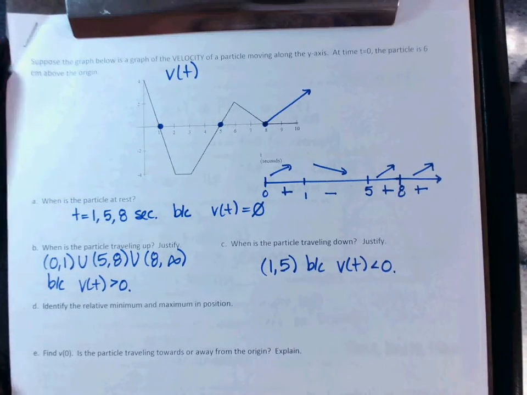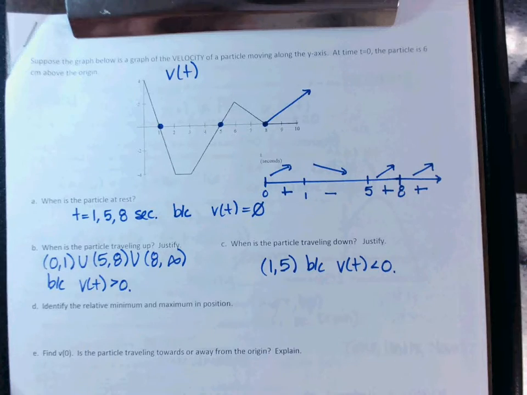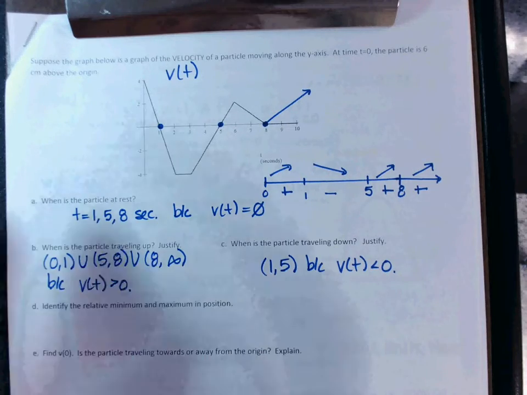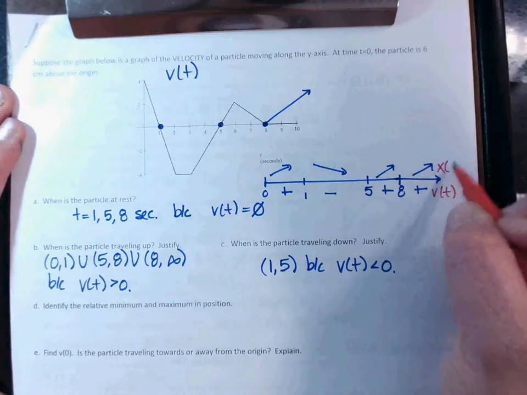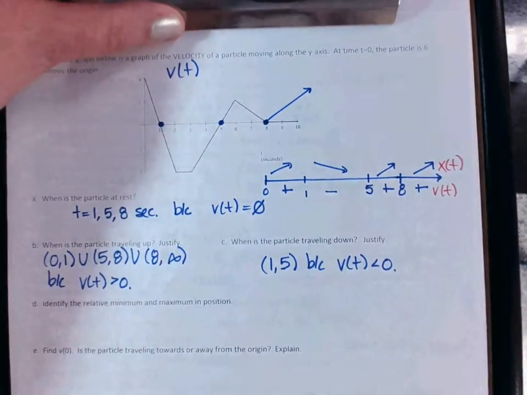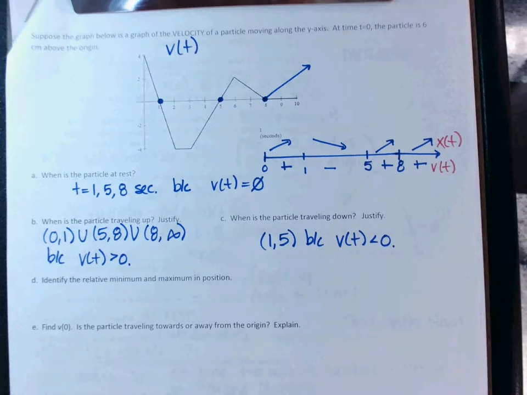Okay, now I did not label my sign chart. Let's label it. What should I put on the bottom? V of t. What should I put on the top? X of t. Okay, letter D says find the relative minimum and maximum position. There has to be a sign change for you to have a max or a min. At 1, is there a sign change?